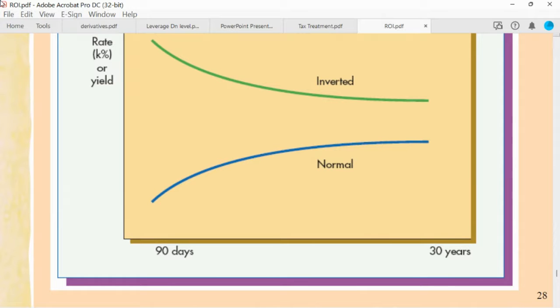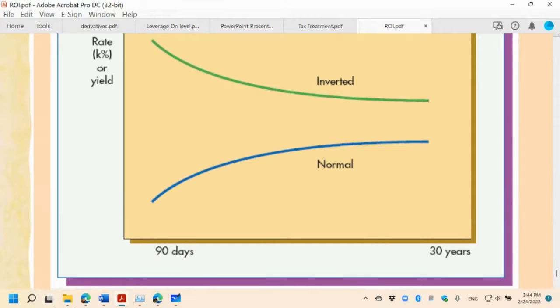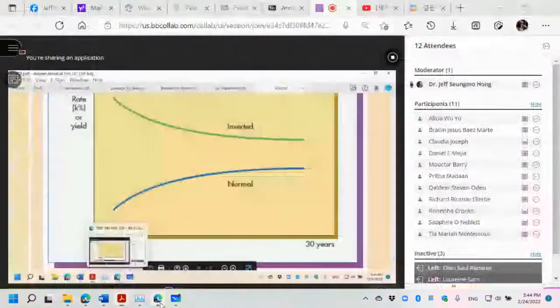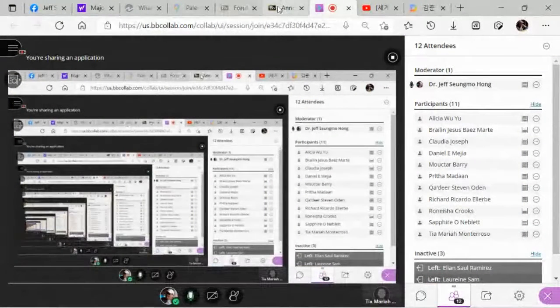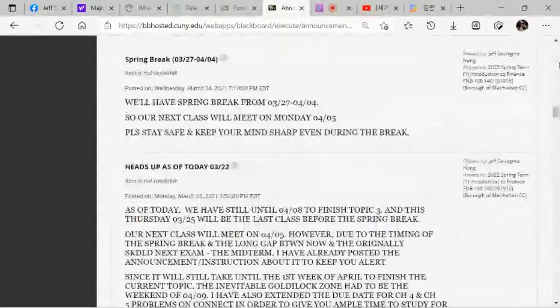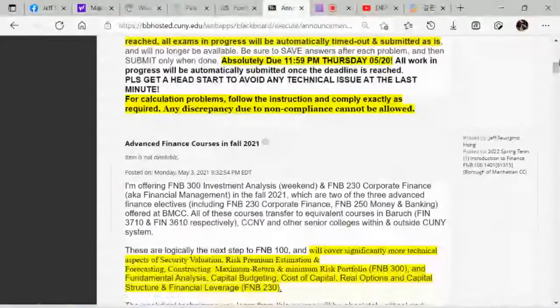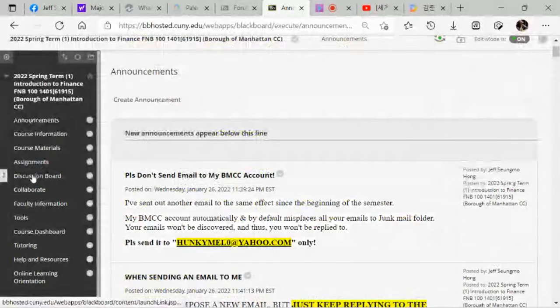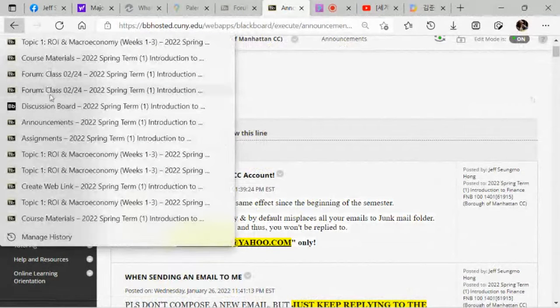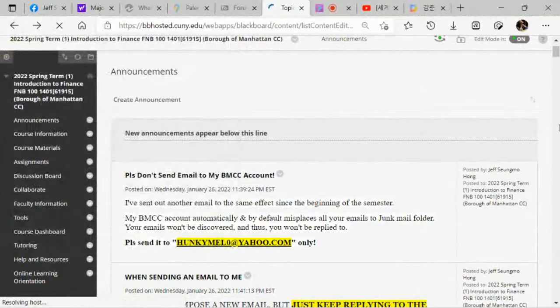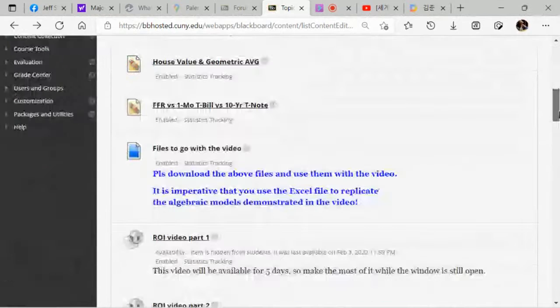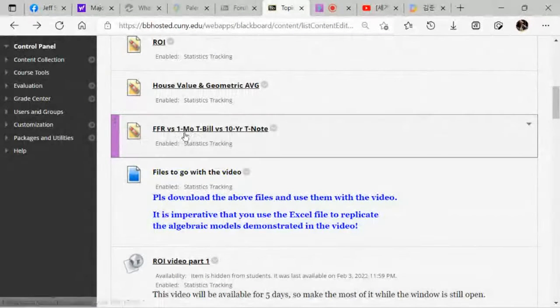Okay, but sometimes it may not materialize, because in my main lecture, I explained it using... the time is already, yes, we're about 4 minutes past. You see, there is a Fed funds rate versus 1 month T-bill versus 10-year Treasury note. This is about inverted yield curve.